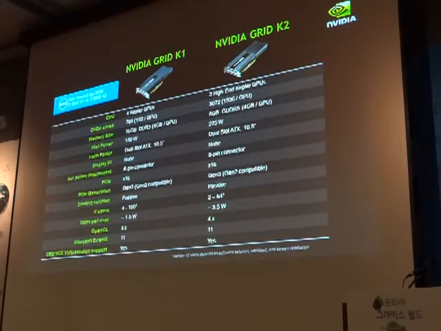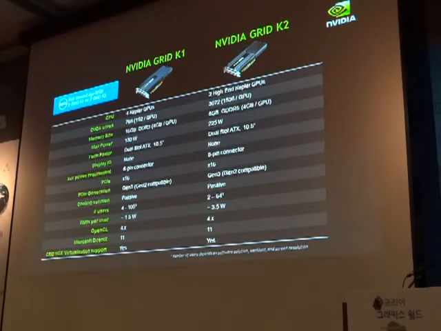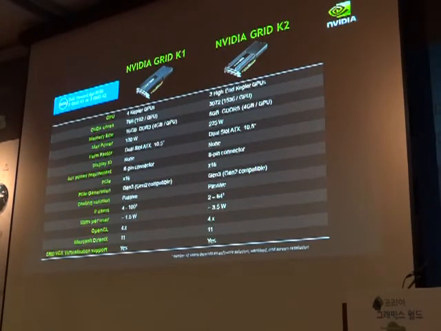Also, K2 has extremely fast memory. Instead of using standard DDR3 memory as in the case of K1, we're using GDDR5 memory for the K2 solution. And this is all to deliver a very, very high performance system in your K2 package.